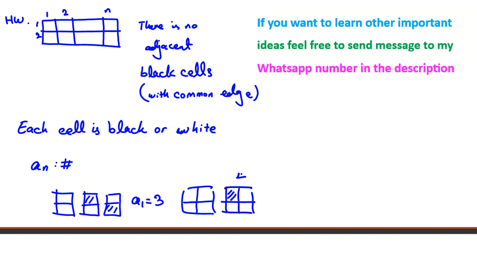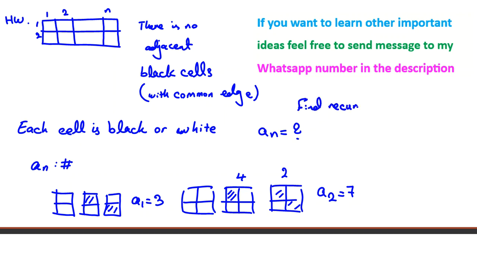If we color one of them, 4 ways, 2 of them, 2 ways. So A2 is 7. Find a recursive sequence for A_n. Okay, A_n is what? Find a recursive equation for this problem in terms of A_{n-1}, A_{n-2}, A_{n-3}, anything like that.